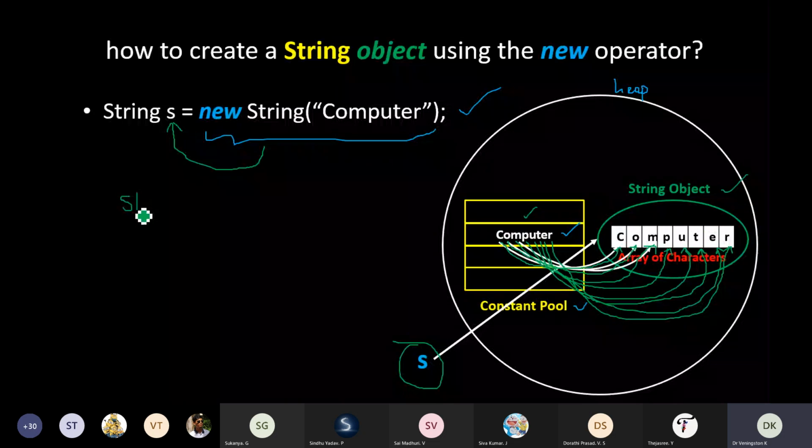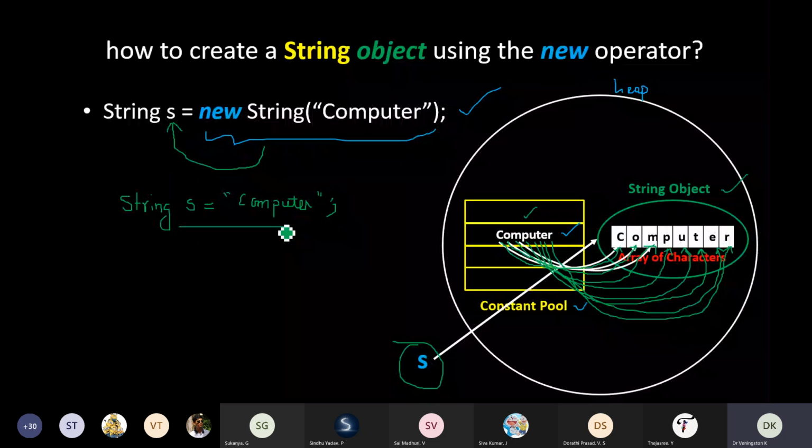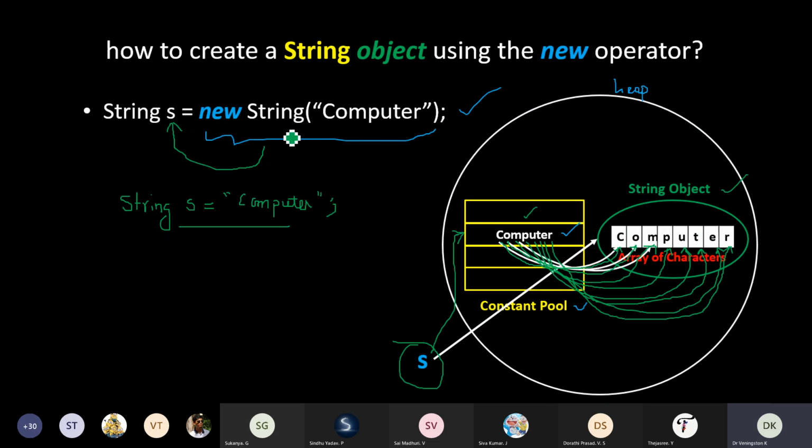When we do String s equal to computer, in this example we are creating a string using a string literal, so s will be pointing to this entry in the constant pool. Since here we have used the new keyword to create a string object, an object is going to be created, and inside this object there is going to be an array of characters.